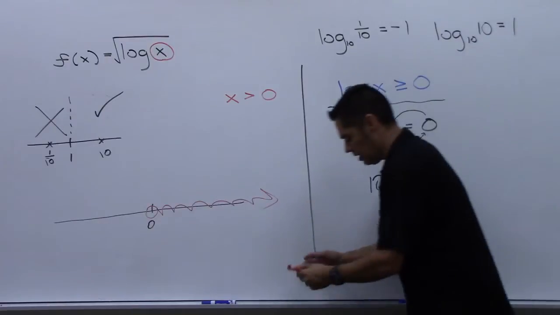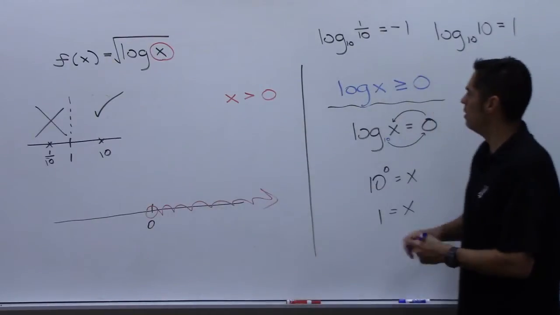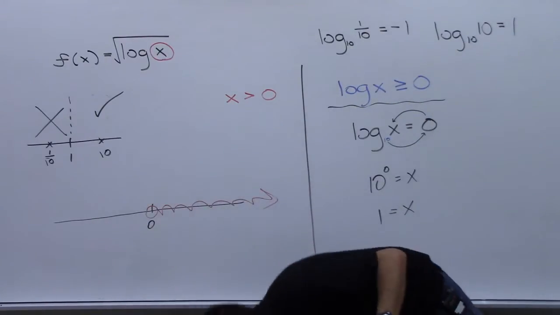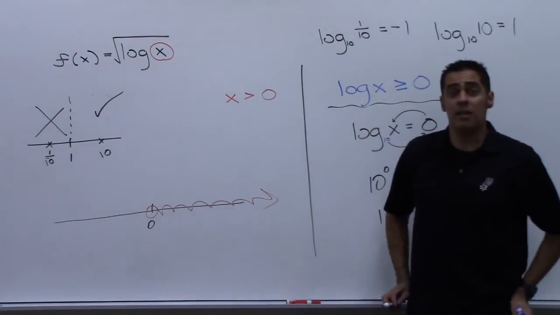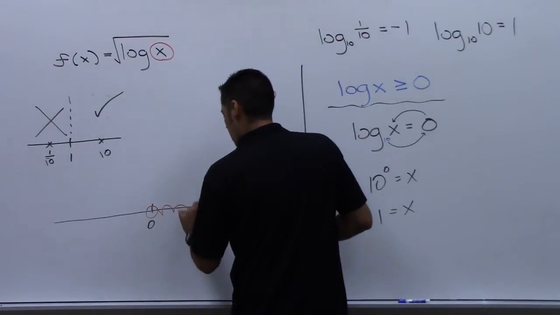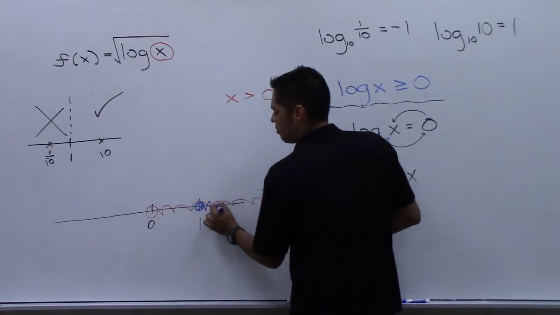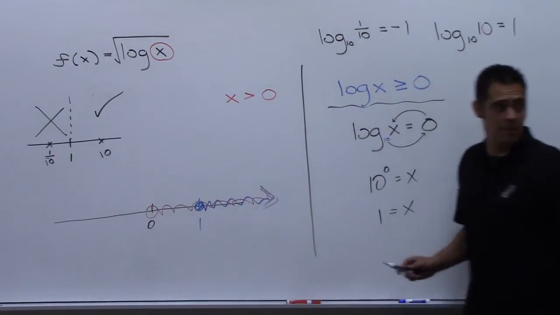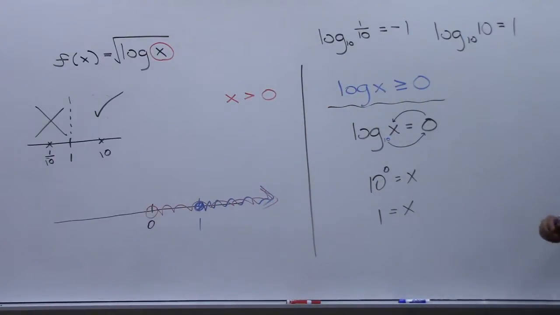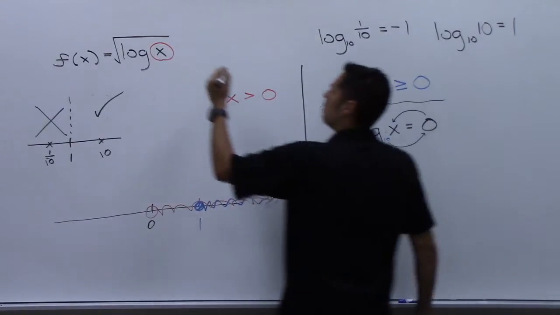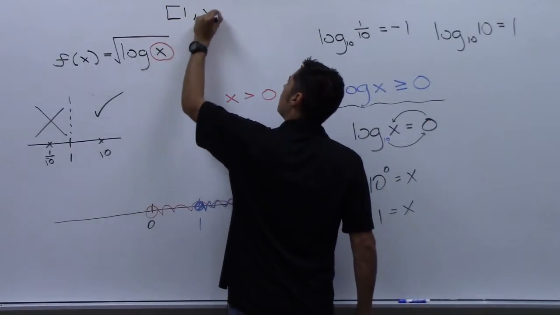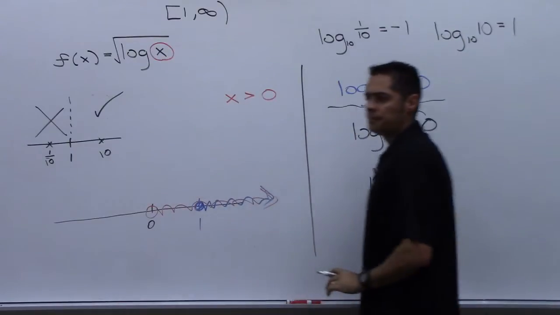And then this one says I must be greater than or equal to 1. So what I'm looking at is where they overlap, which would be 1 to infinity, including 1, with a bracket. 1 to infinity. That's the answer.